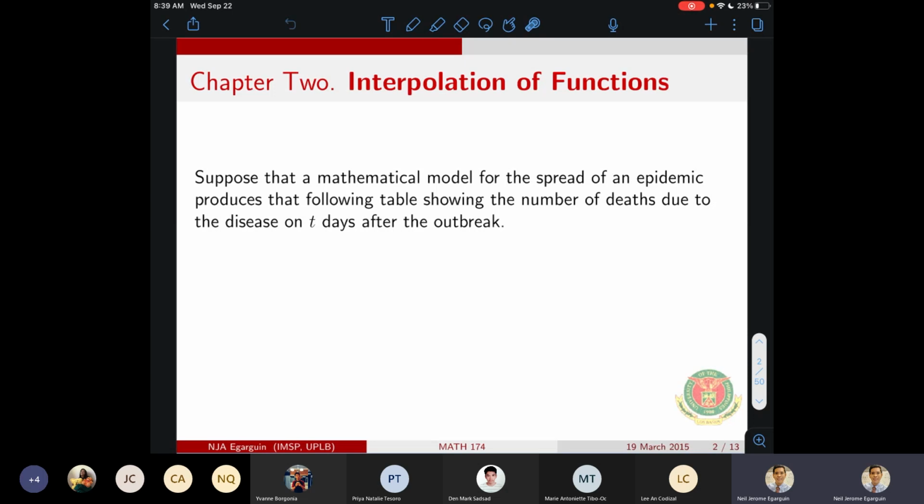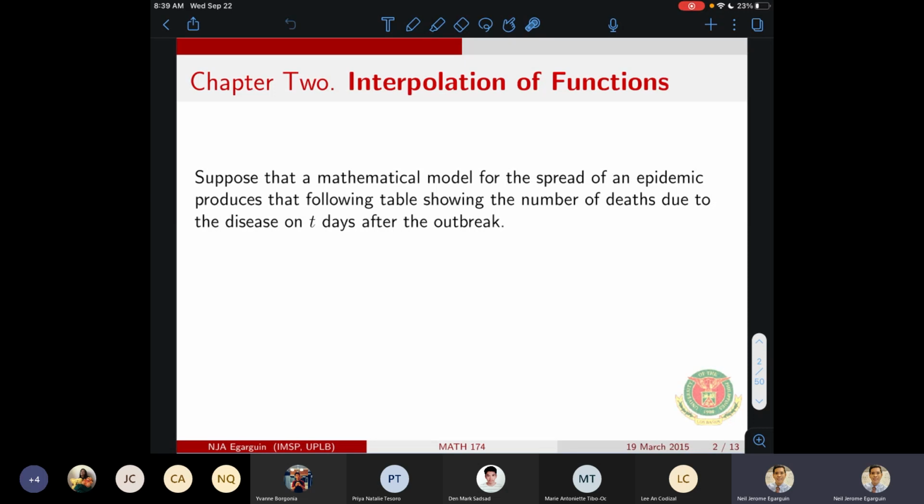Remember sa Math 36, 37, and 38, pag binigyan kayo ng isang function that is nicely behaved, meaning it's sufficiently smooth, marami kayong pwedeng gawin. You can do optimization, you can differentiate, integrate these functions, you can do a lot of things. You can analyze this using those analytic tools.